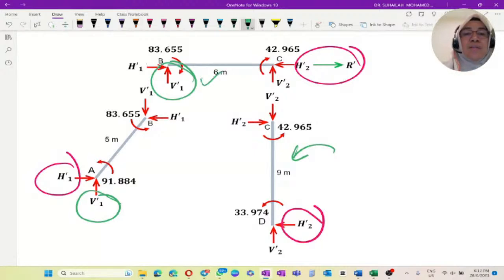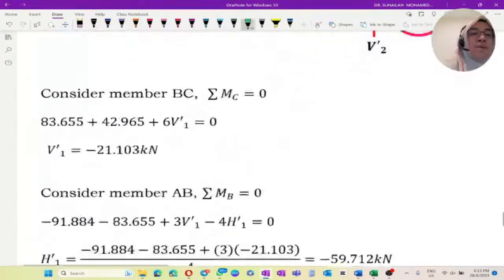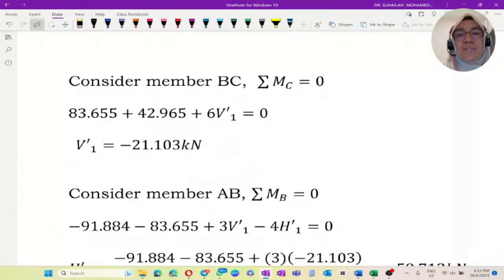This is also V1, this is also V1. So we will start by analyzing member BC, and by taking moment at C, we get V1 prime.